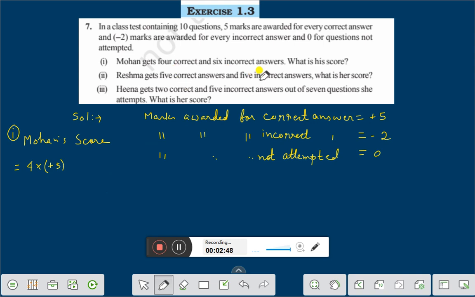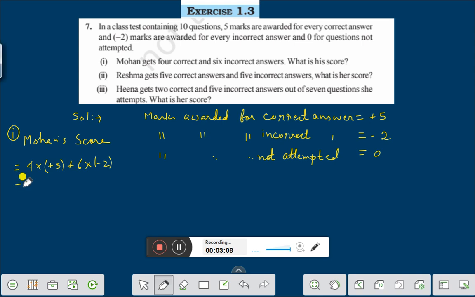And 6 incorrect answers. 4 plus 6, that is 10 questions. 6 incorrect, that is plus 6 into minus 2. That is all 10 questions. He attempted 4 plus 6, that is 10 questions, right?